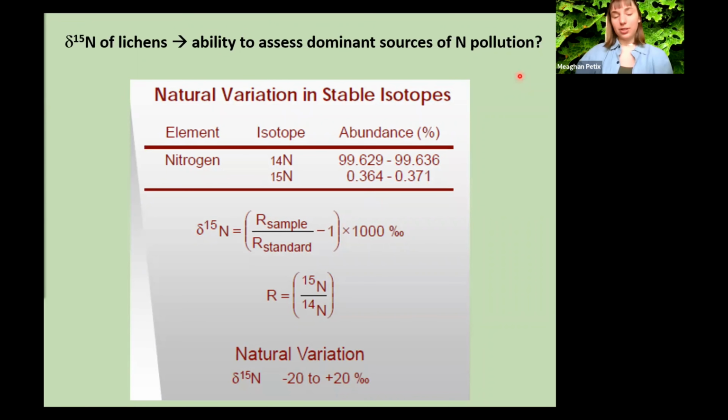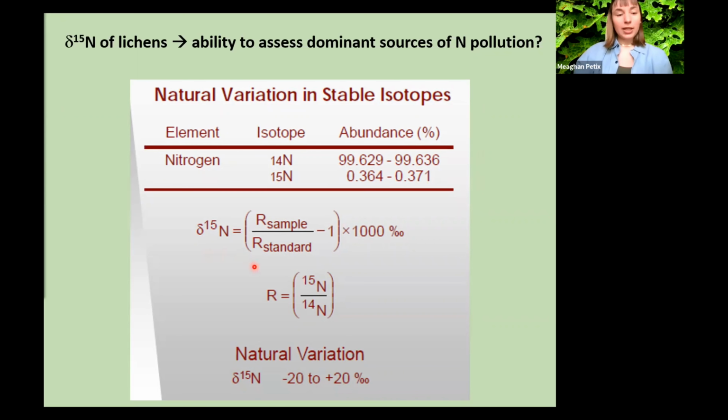of nitrogen pollution. Just a real quick primer on stable isotopes. Nitrogen has two stable isotopes, 14N and 15N, which differ in their number of neutrons. And you can see here that the lighter isotope, which is 14N, is much more abundant than the heavier isotope, 15N. And the notation for nitrogen stable isotope composition is delta 15N, which is expressed in units of per mil.